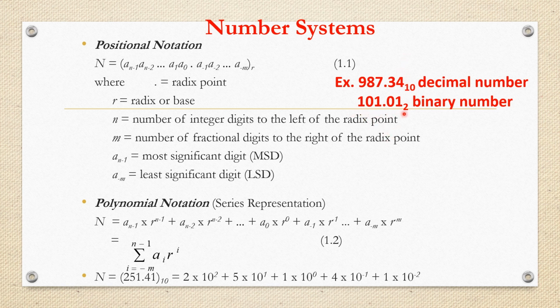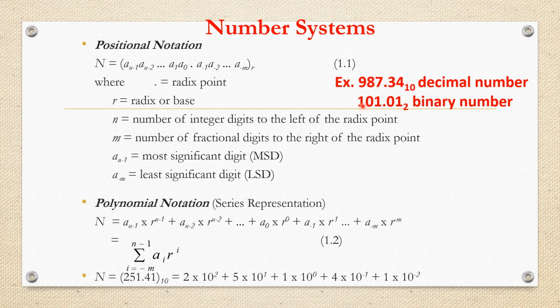So for this binary number 101.01, we can find out its value with the polynomial notation like this. This is the polynomial series expansion and it will evaluate to 5.25.